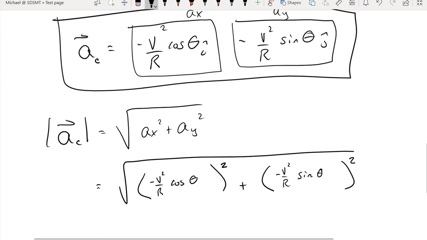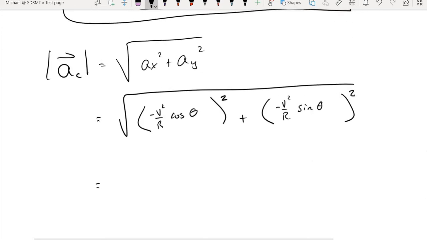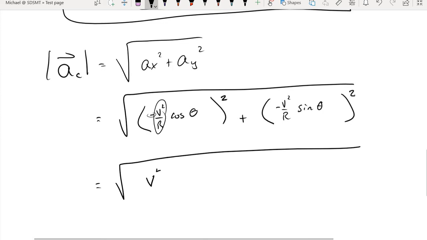We have to square each of these, and so when we do that, now we're squaring a negative quantity, so that becomes positive. We're squaring everything within the quotient there, which gives us v to the fourth over r squared, and then we're squaring the cosine, which will just be cosine squared.